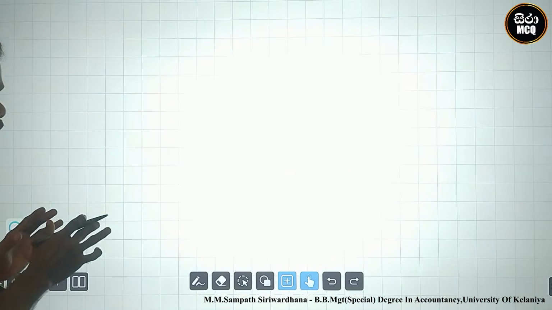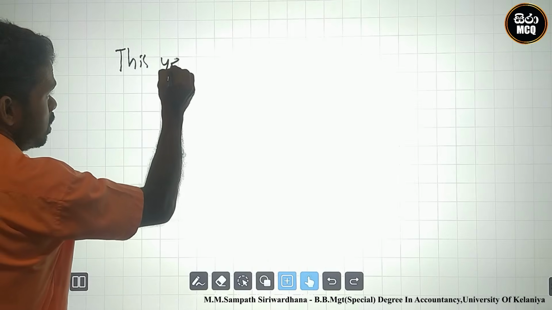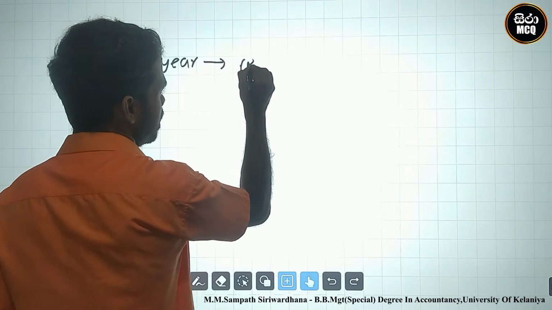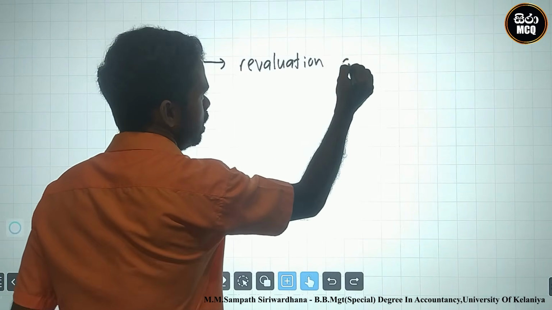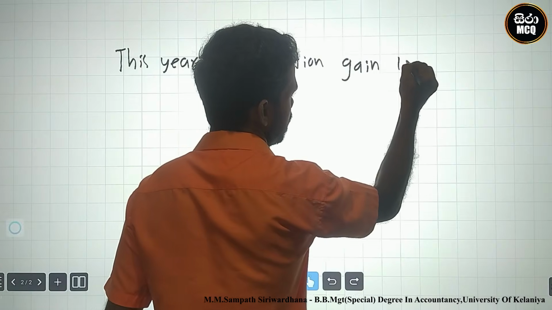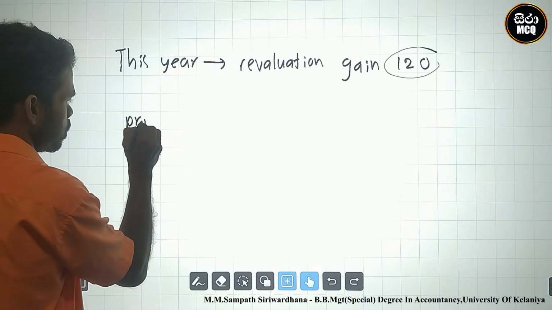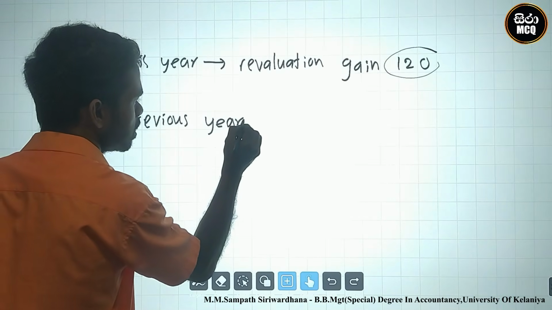Look here. How can we identify this? This year, what is the result? Revaluation gain 120. Okay, this is the previous year: what is the result?